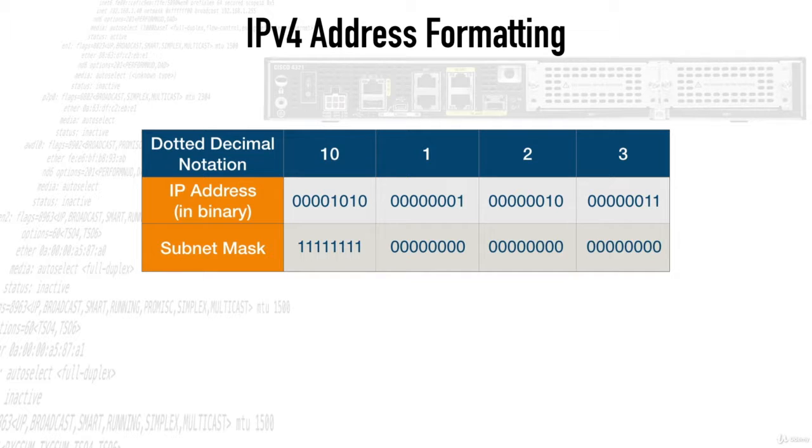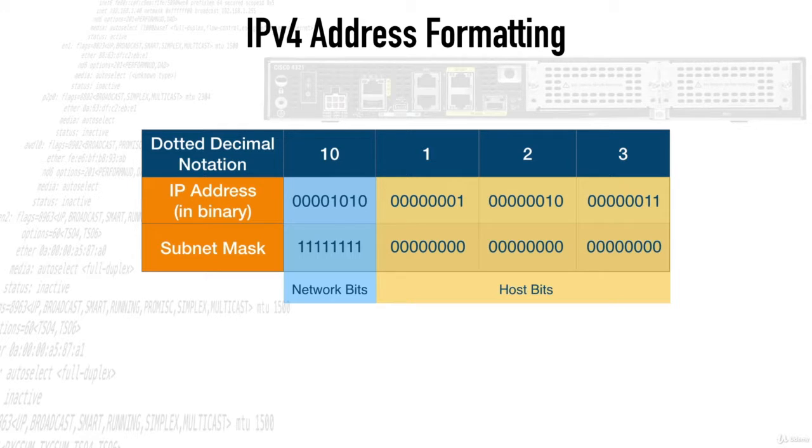And notice that for each of our IP address binary bits, there's a corresponding subnet mask binary bit. And anytime that there is a 1 in the subnet mask bit, the corresponding IP address bit is part of the network address. That means in this instance, the first 8 bits are network bits. The last 24 bits are host bits.